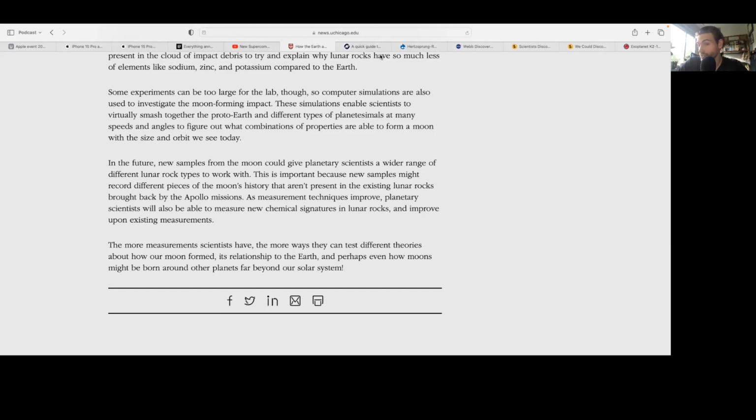If we are able to say there are certain elements that are in both Earth and moon soil, moon rock, then we can feel more confident in saying that it was a collision between the Earth and the moon.